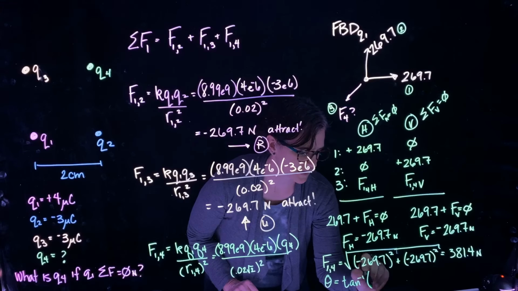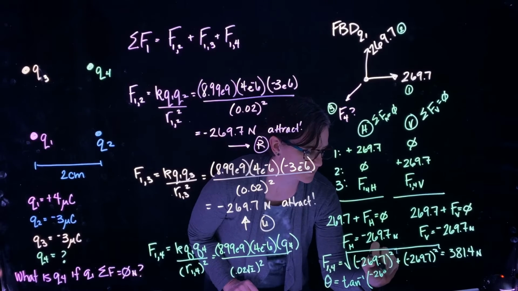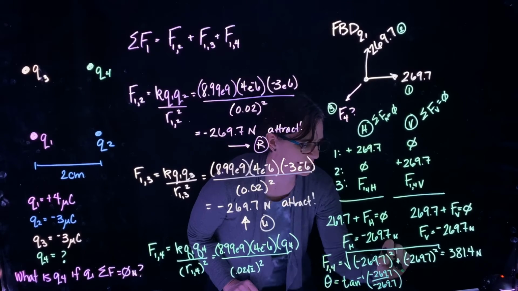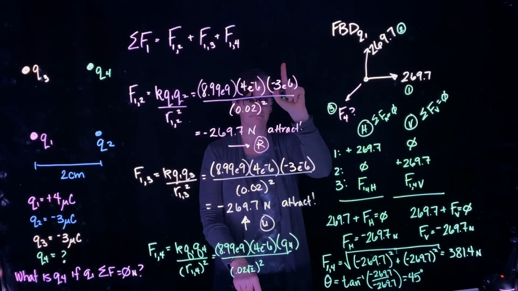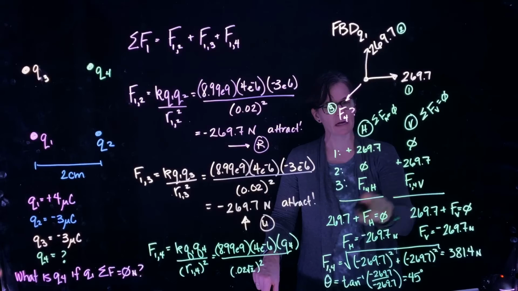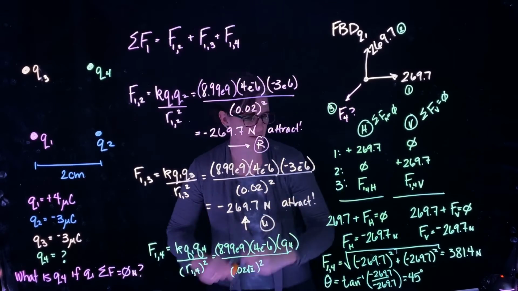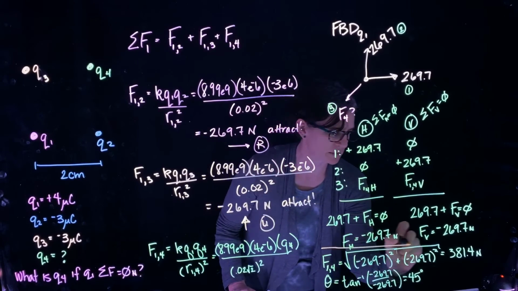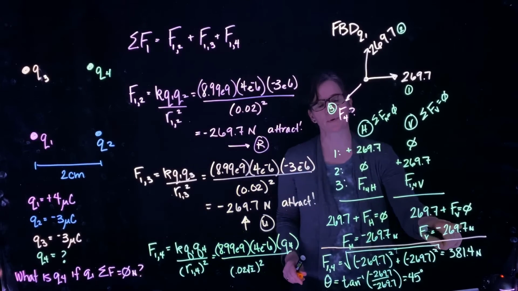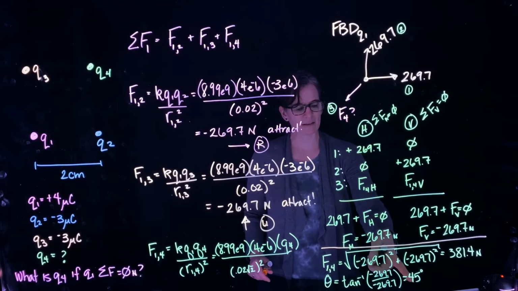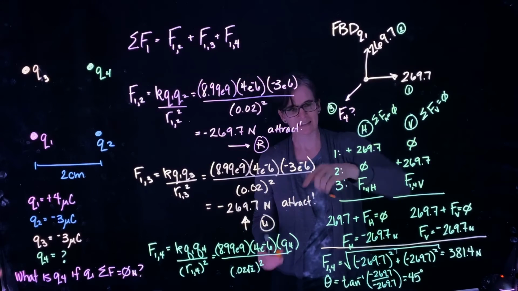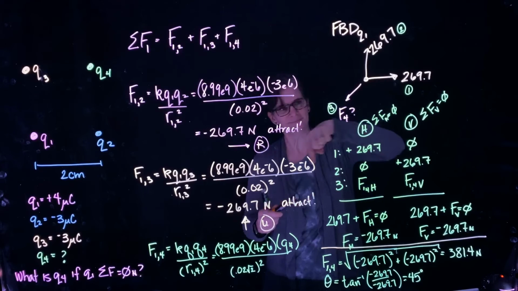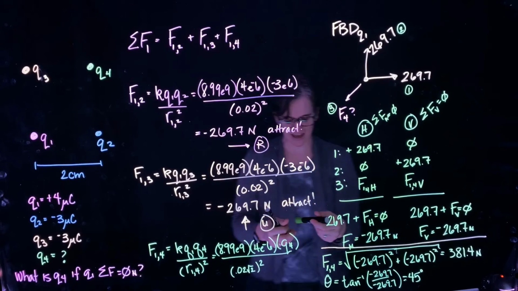And I can find the angle of the force because the angle is the inverse tangent of negative 269.7 over negative 269.7. And that's going to give me 45 degrees in my calculator. But when I have two negative components, my calculator is telling me it's a positive 45, but I have to add 180 degrees to that 45.